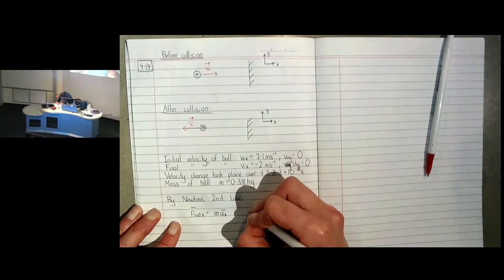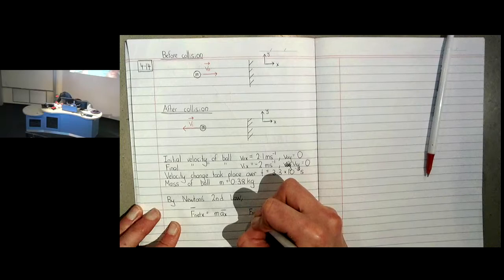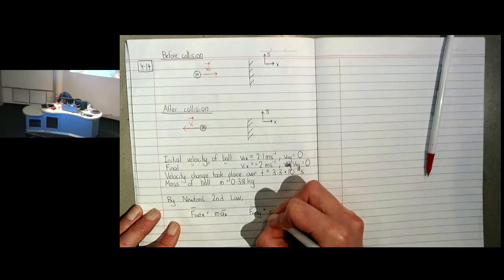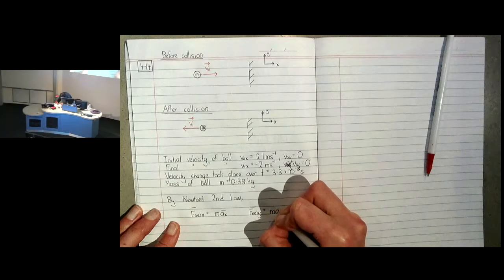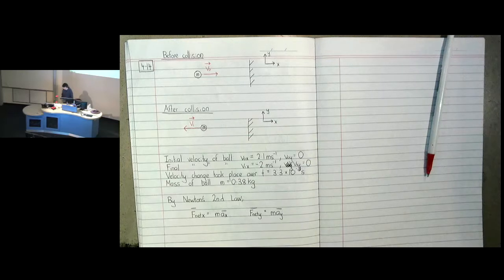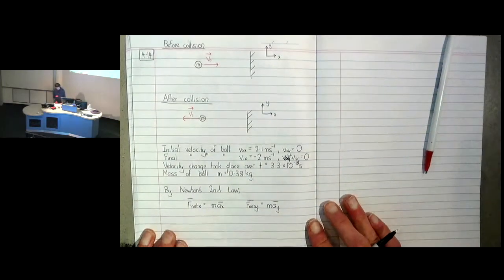And I suppose we're also going to have that the y component of the average net force is equal to the mass of the ball times the y component of the ball's average acceleration.